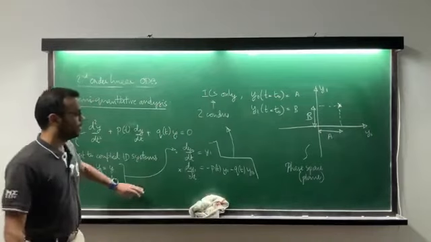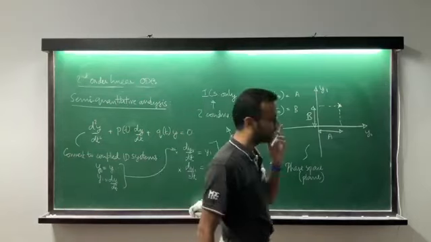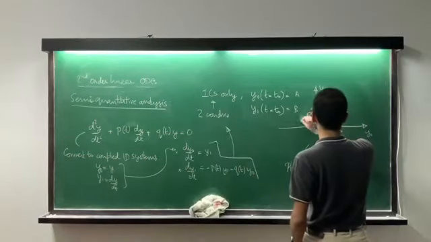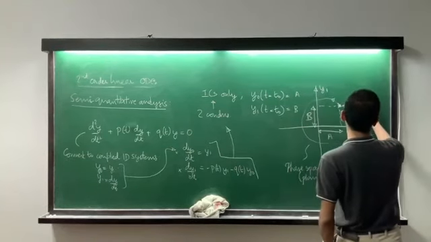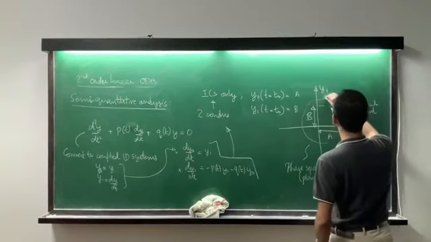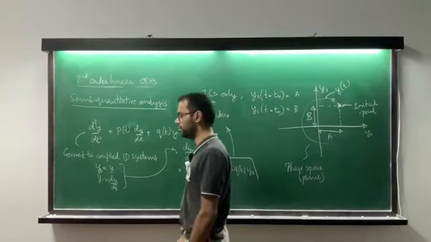Now the question of solving the equation, determining the actual solution y equals y of t, is a question of finding the trajectory that the system undergoes starting from this point. This is the initial point, and this is y of t, the trajectory.